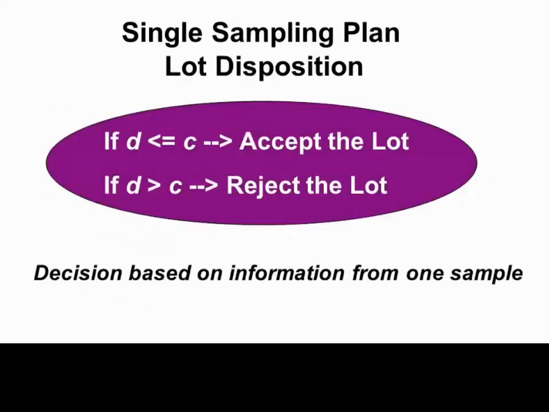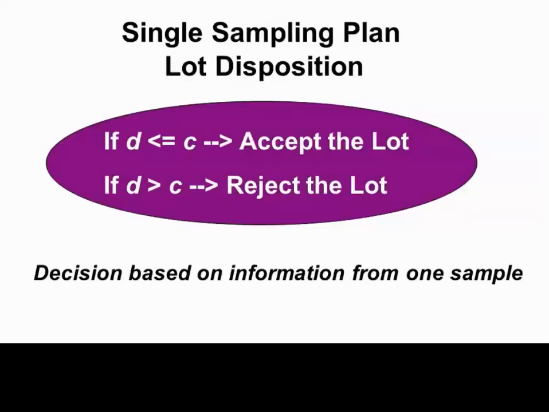All right, so if we're sampling from the lot, and we're going to base our decision on a single sample, we would base the lot disposition on this criteria, given the notation I just defined: if D is less than or equal to C, we're going to accept the lot. Remember, D is the number of defects we find.